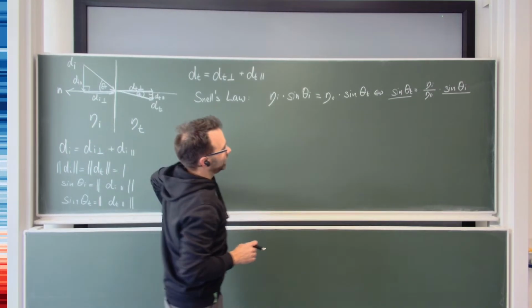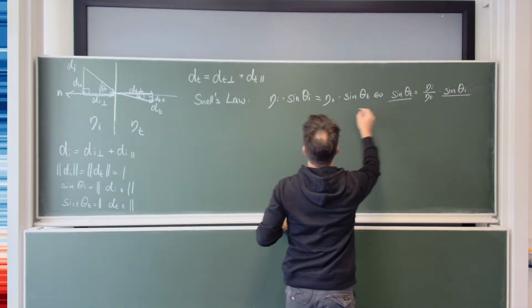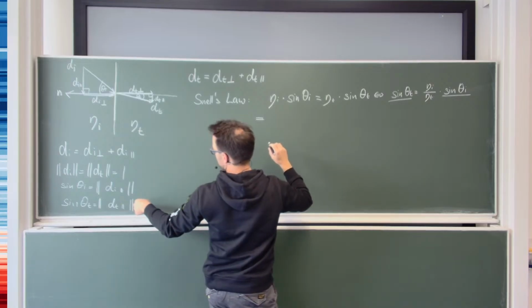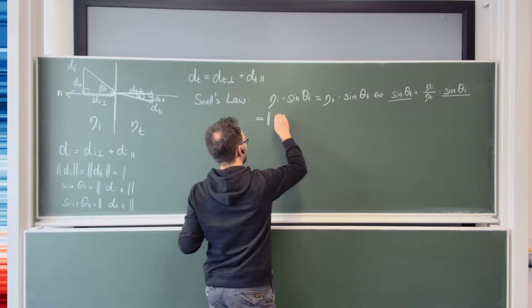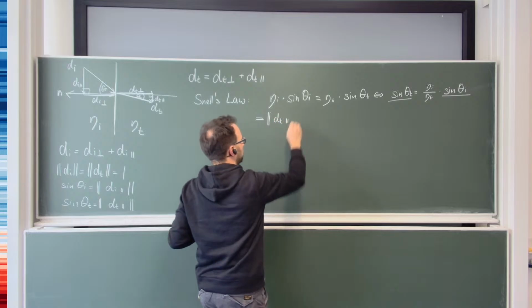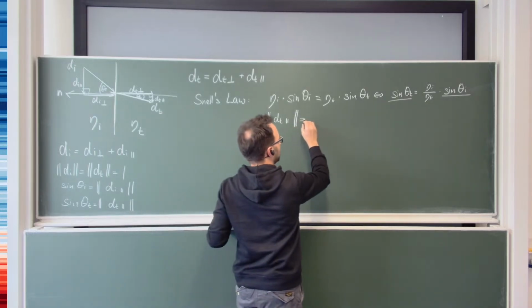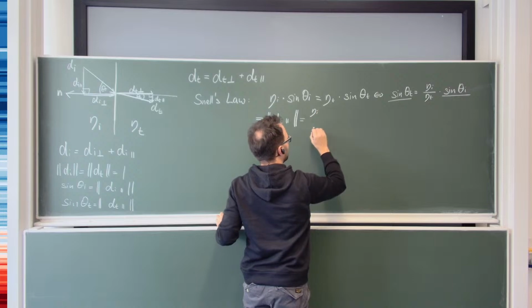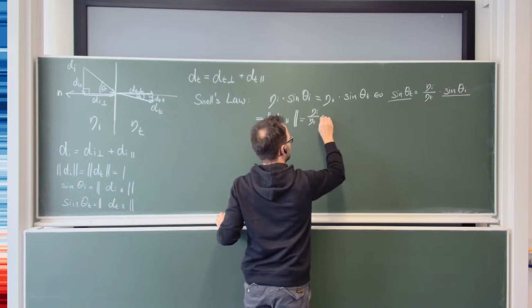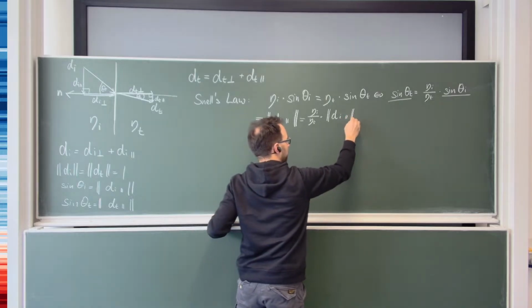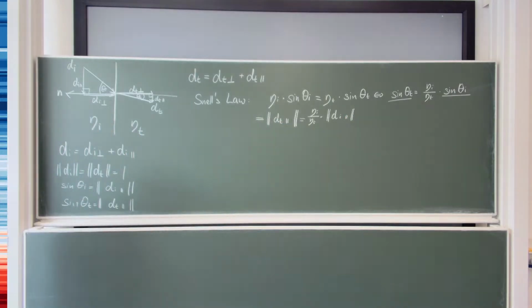So this means what is written here is just the same as the length of the parallel component of the transmission ray. It's the same as eta i over eta t times the length of the parallel component of the incident ray. Okay? Just by using trigonometry.